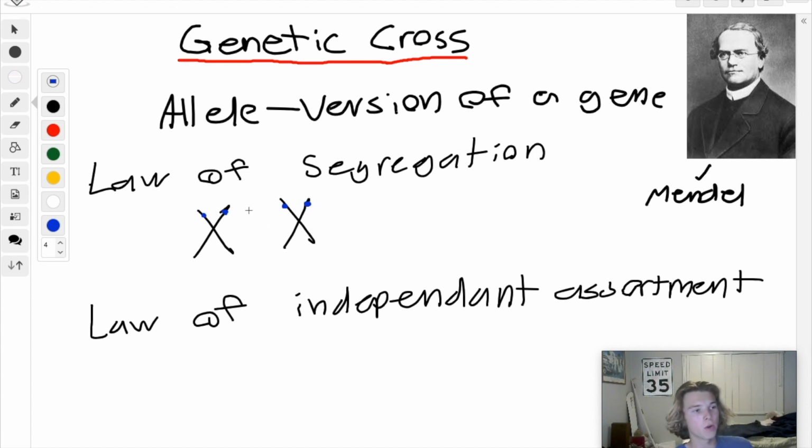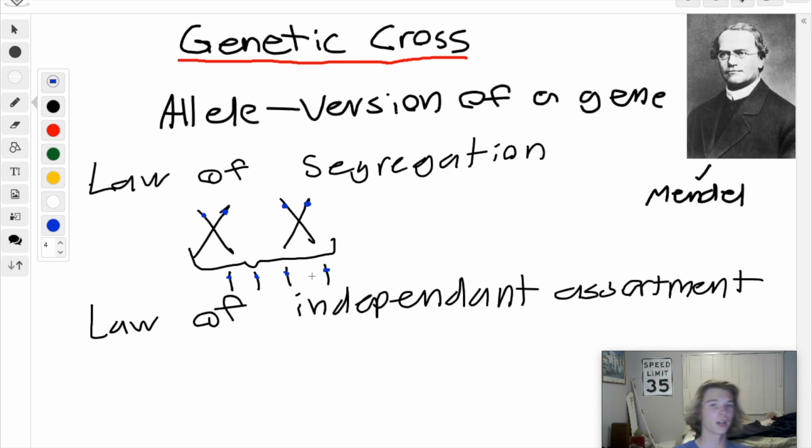So all four of these have genes for blue eyes, which I'm not saying is likely, but it's just an example we're going to use right now. So during meiosis, all these are going to get split up, and you're going to have 1, 2, 3, 4 chromosomes, and these are all going to be in their own respective cells. And they're all going to have that one allele on each chromosome.